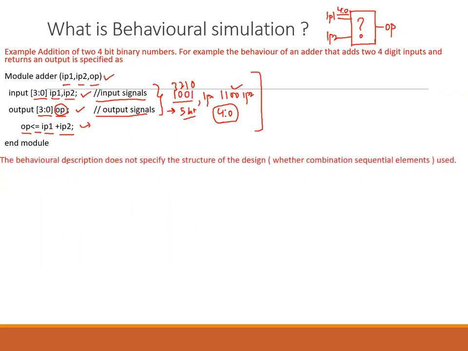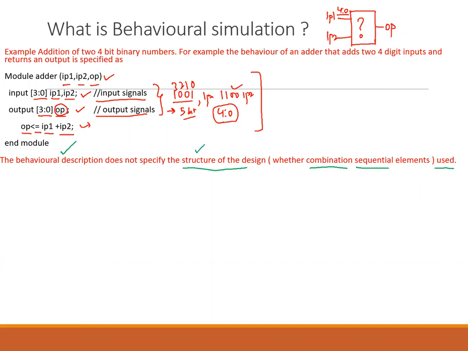As already discussed with you, behavioral description does not specify anything about the structure of the design. Whether combinational circuits are there, whether sequential elements are used, I am not describing anything. I am just focusing on behavioral description.